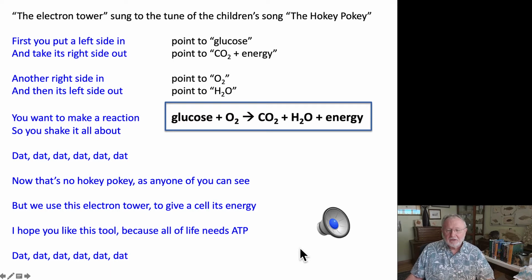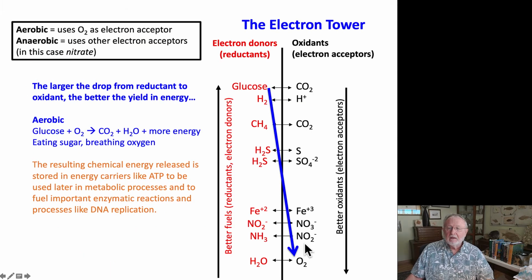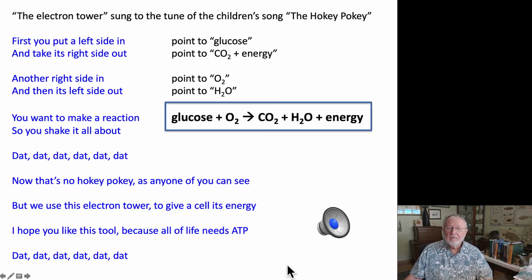Okay, catchy, isn't it? So let's go back and look. We're going to talk about glucose interacting with diatomic oxygen. And in that reaction, you put the left side in and take its right side out. And on the other side, you put the right side in and take its left side out. You want to make a reaction, so you shake it all about.